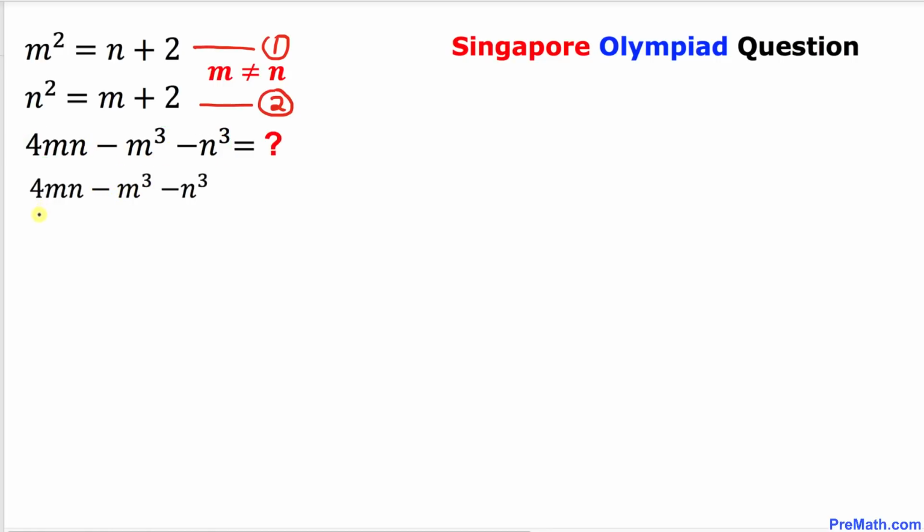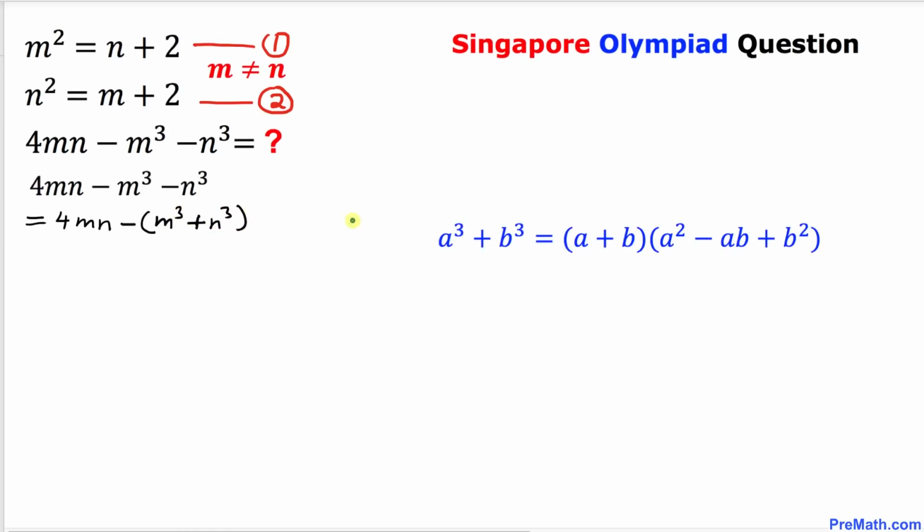Let's go ahead and manipulate this expression. We can write this as 4mn, and here I can factor out this negative sign, so this is going to become m³ + n³. Now let's focus on this m³ + n³. We are going to use the sum of two cubes formula.